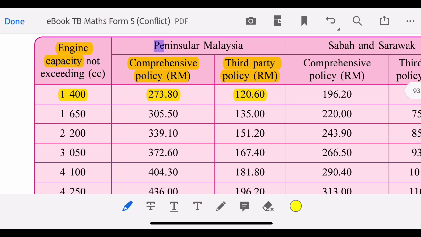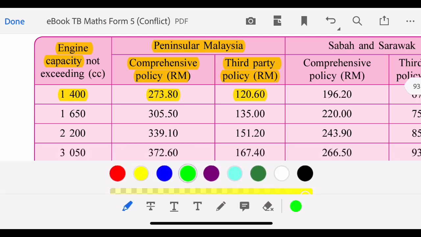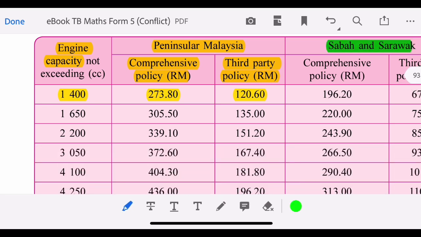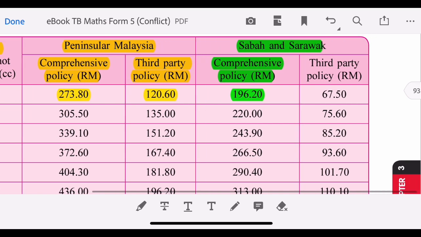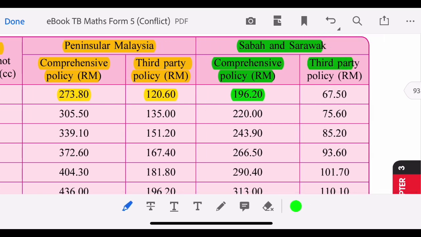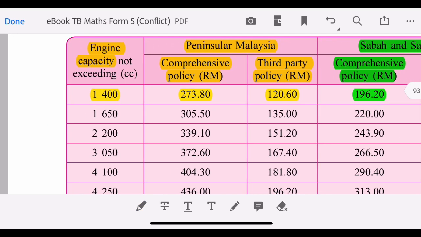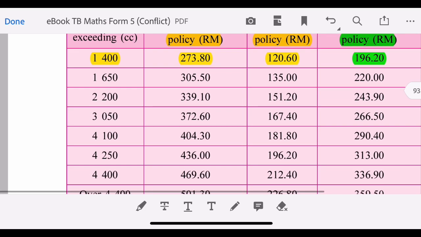This is for Peninsular Malaysia. Then how about Sabah and Sarawak? For comprehensive policy it is 196.20. It's cheaper compared to Peninsular Malaysia. And for third party it is much cheaper, 67.50. Right? This is for the engine capacity not exceeding 1400 cc.